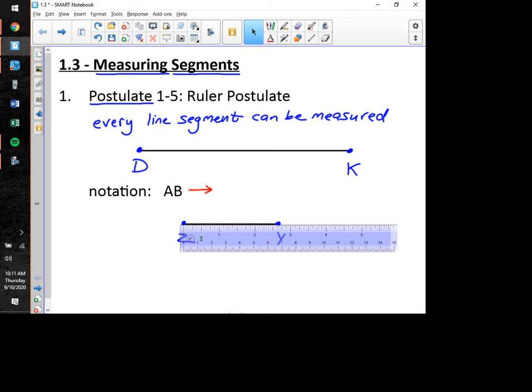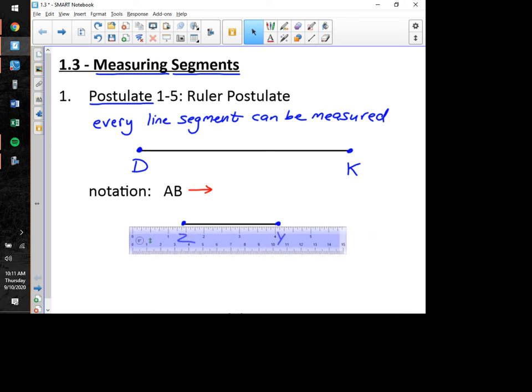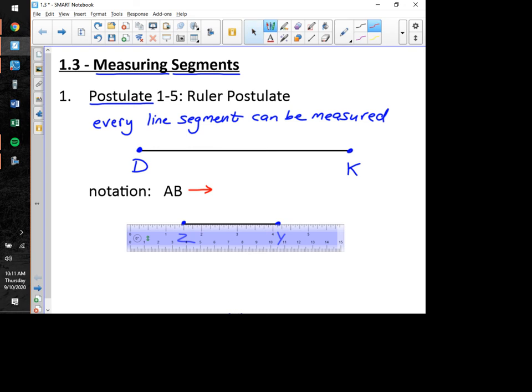But the other thing you could do, if you were so inclined here, is to move it around a little bit randomly and see where those numbers end up. Like for example, it looks like I've got point Z at about 1.5 inches on the ruler. So if I put a 1.5 right over there for the coordinate, if you will, of Z. Now let me go over here to Y, and it looks like Y is located at about 4 1/8 inches.